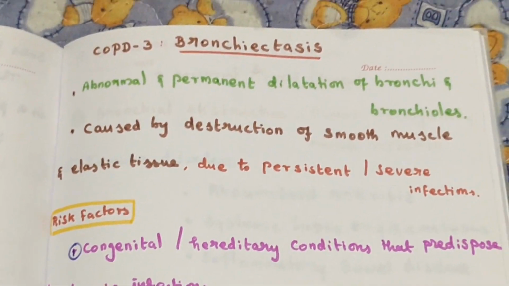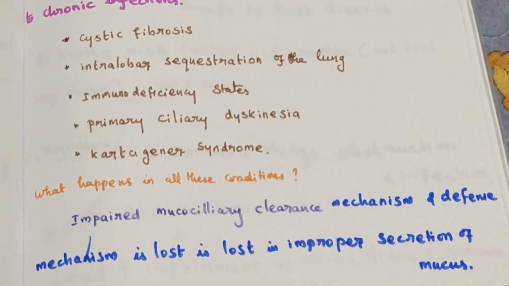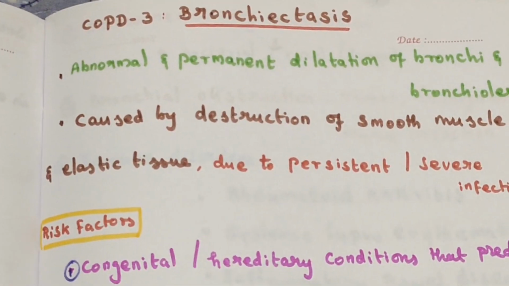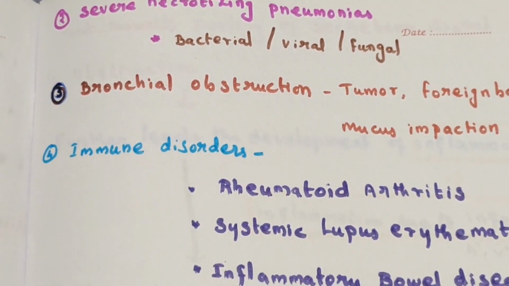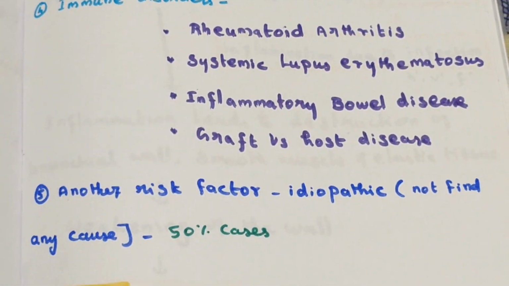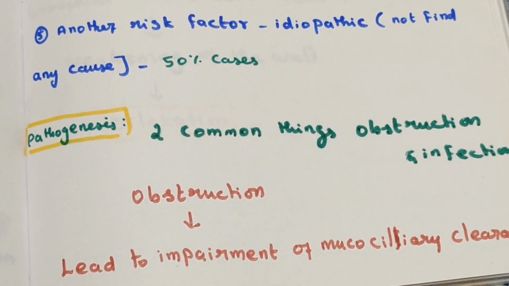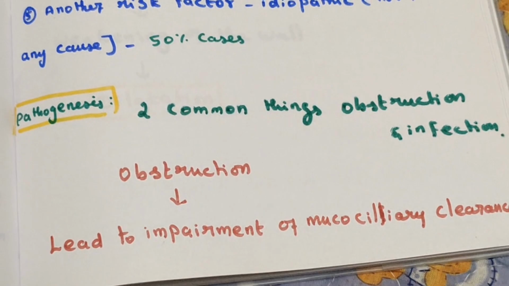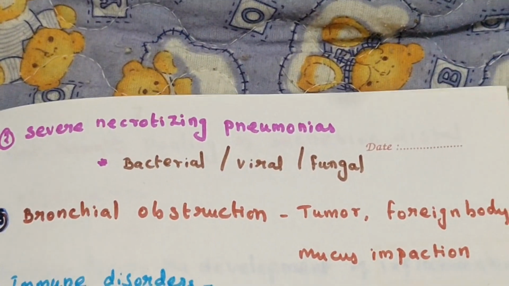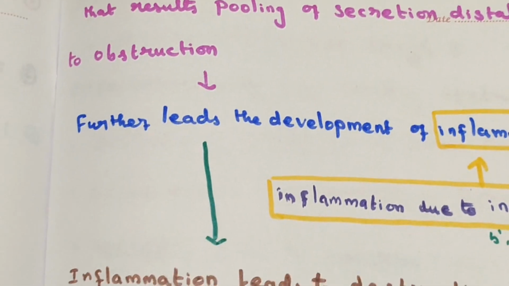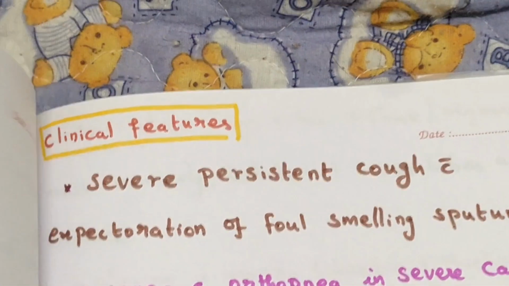In this video we discussed bronchiectasis. What are the risk factors? First one is congenital or hereditary conditions, then necrotizing pneumonia, bronchial obstruction, immune disorders, and then other idiopathic, 50% of cases. Then pathogenesis, because of obstruction and infection, which leads to dilatation.